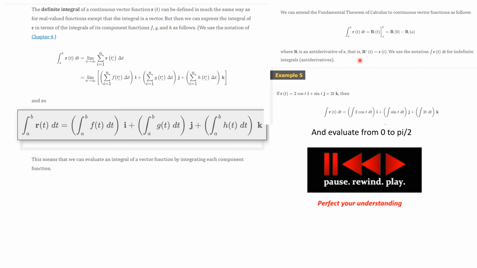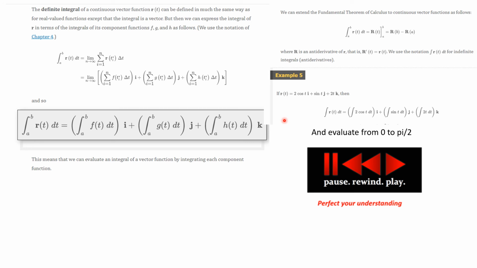And capital R is the antiderivative of lowercase r, because if you take the derivative you get this. And so this notation is for indefinite integrals, and here you would have an arbitrary but specific vector as your constants of integration.